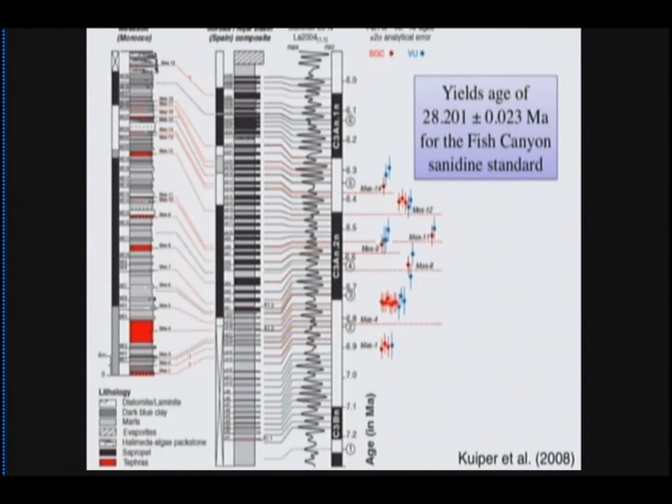And the solar flux, of course, determines climate, and the climate is reflected in the kinds of sediments that are deposited. And so here we have an alternation of these so-called sapropels, shown in black, and these lighter colored units, which are marls. So the sapropels represent cooler, wetter times, and the marls represent warmer, drier times.